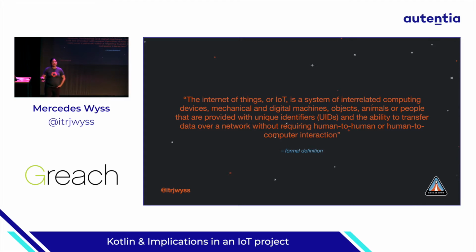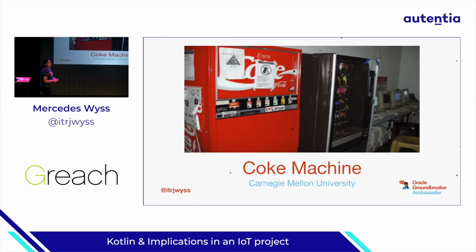But something interesting about the Internet of Things is that people, as usual, or the makers, forgot the part of connecting things to the internet, and they are only making things. So this is the Coke machine. This was basically the first IoT project that exists and was created at Carnegie Mellon University. What happened with these guys in the university is that sometimes they go to the machine and the machine doesn't have any more Cokes there.